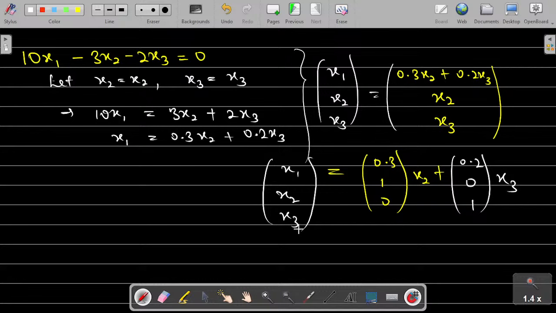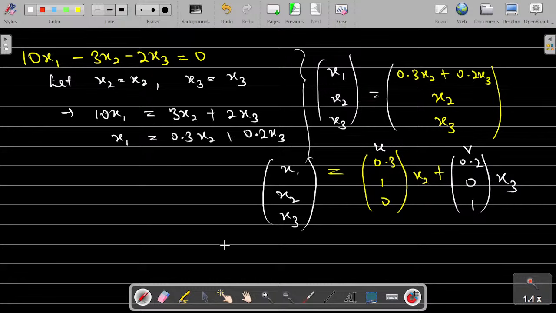So from here now we can say that the solution space is spanned by u and v. Our u is this, and our v is this. So we have been able to produce two vectors from this particular equation, and remember the question says present two vectors that span the solution space of this system. So these are the two vectors.